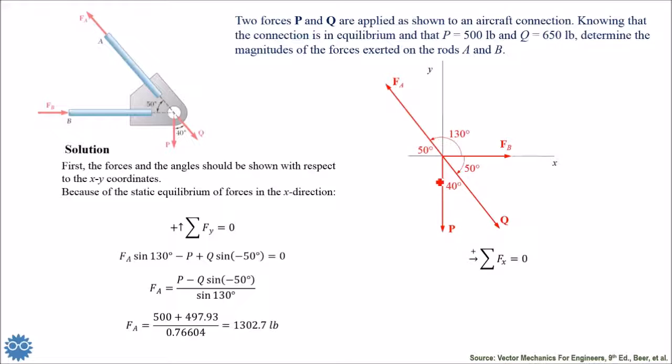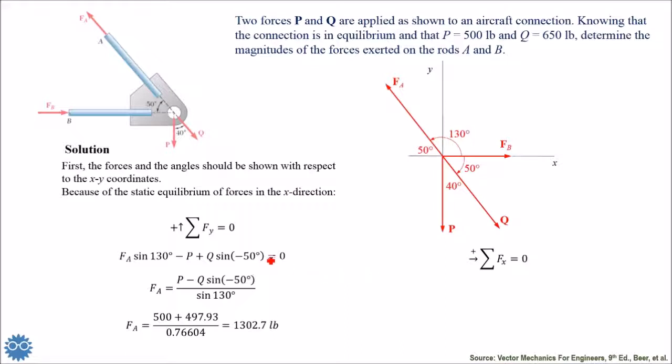Actually, just a simple look at the forces distribution, you notice that the force Fa will have two components: one in the y direction, and the other in the x or negative x direction. So if I started with the equilibrium equation in the x direction, this equation would give me two unknowns.